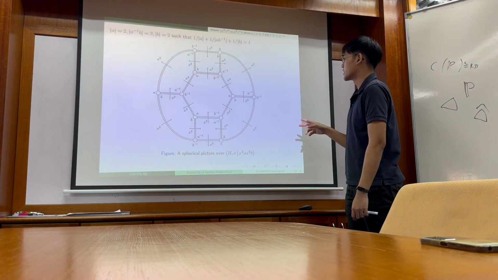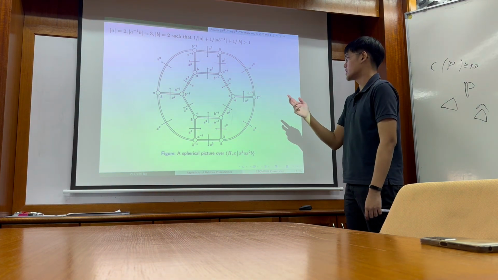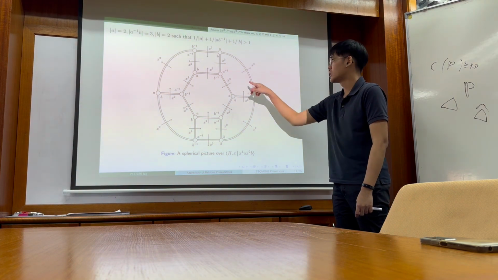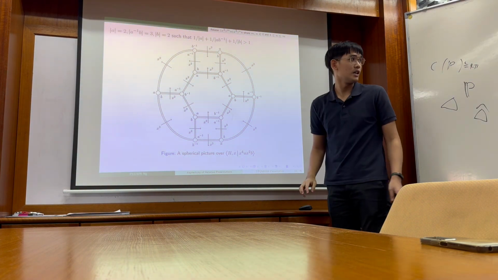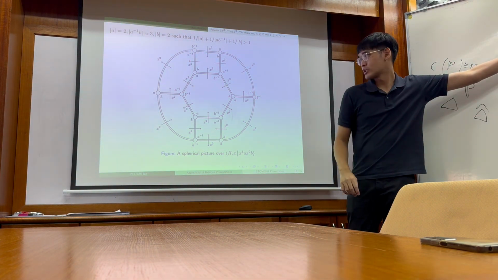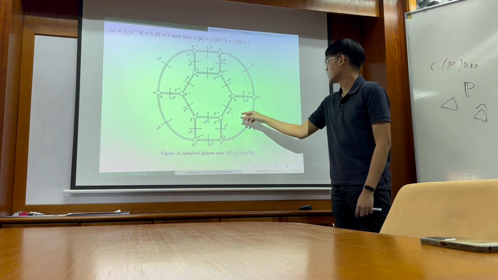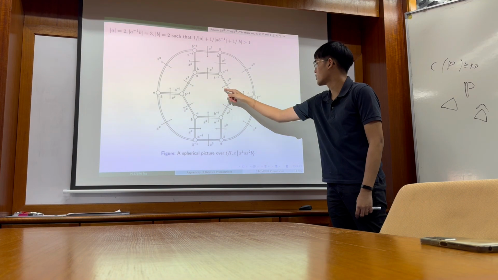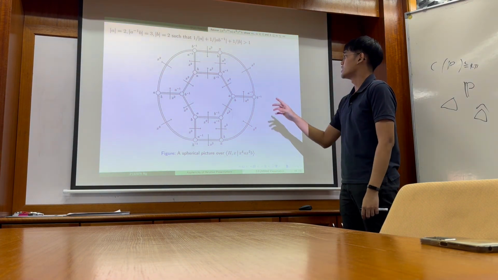So there are two important things here. The first thing is, if we read the order of this label in anti-clockwise order, we obtain the relator x4a, x squared b. So this is the first thing.